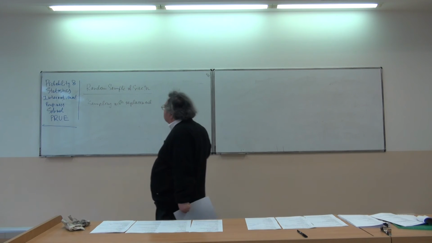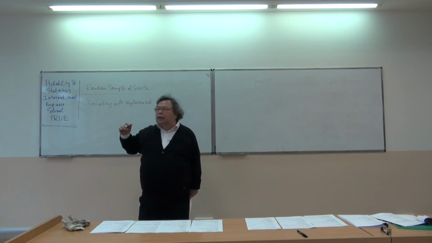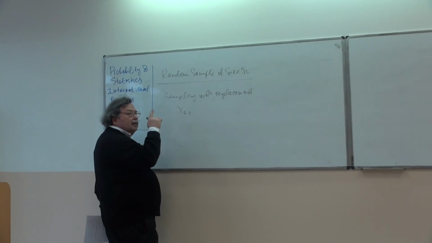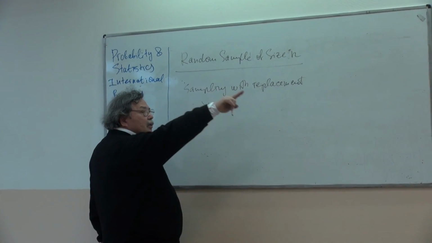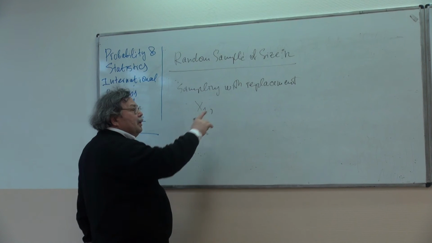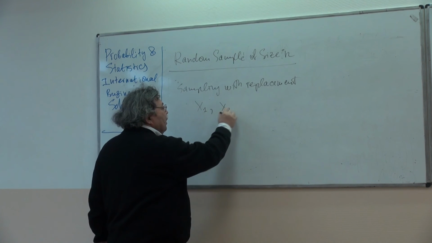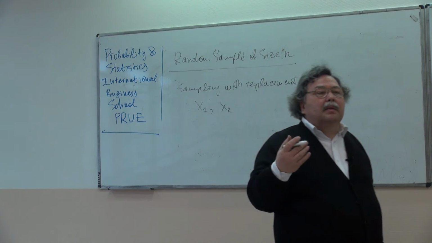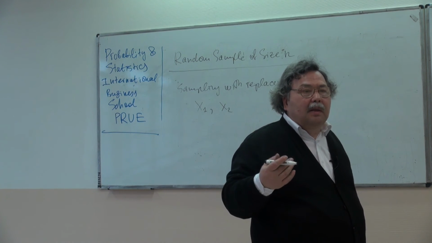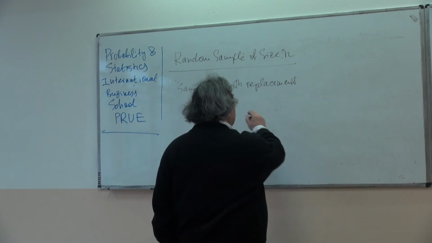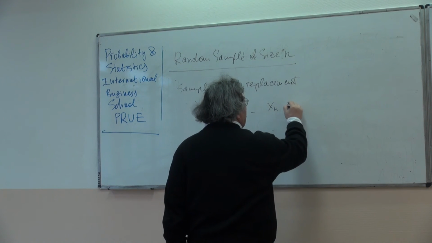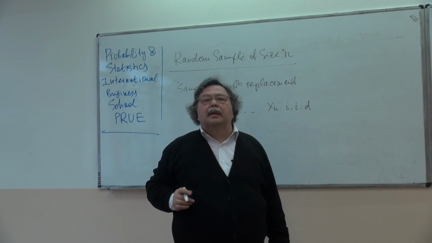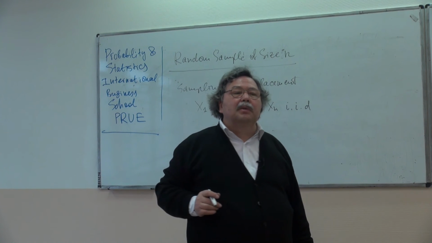Because look at this. After we have selected the first one, we return this member to the population, and when we select the second one, we deal with the same random variable. So, as a result, we have n independent, identically distributed random variables.